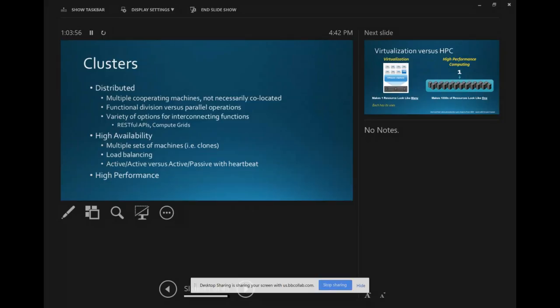There are two general broad groupings. One is called active-active. My clones, they're all capable of doing the job. So I load balance to all of my clones. That's the way TCIA operates. If you go into TCIA, it will direct you to the most lightly loaded server, and that's the one that's going to service your request.